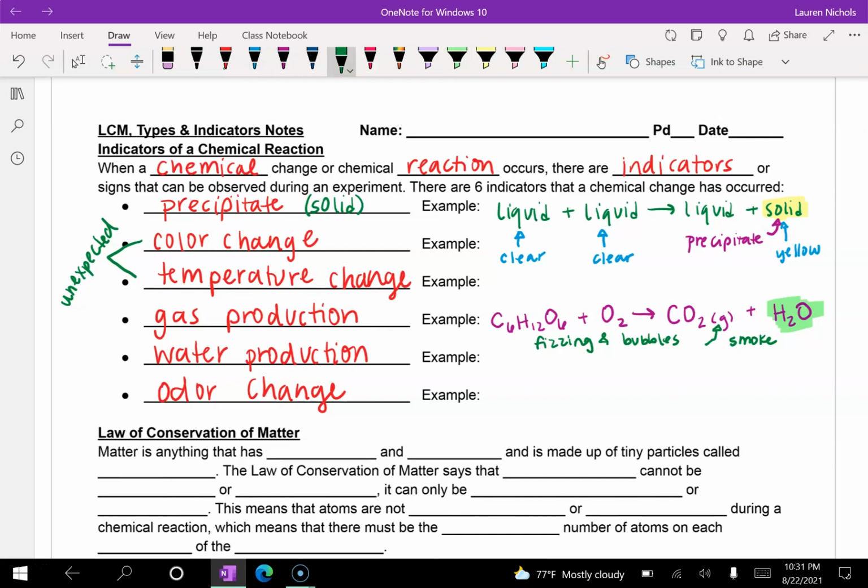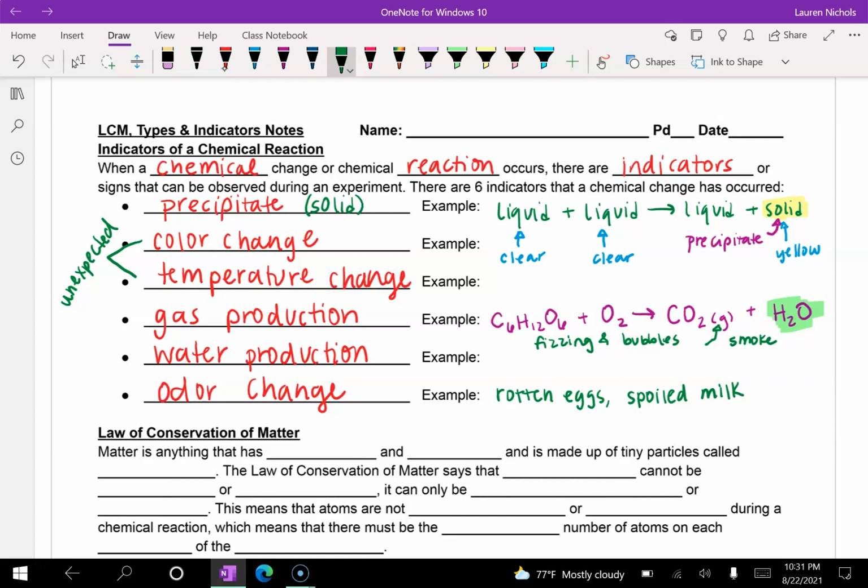Now, an example of an odor change would be rotten eggs or spoiled milk. Whenever you have that really bad smell there, and you know it was not there before, that change in odor can let you know that a chemical change has happened and something new has been created.